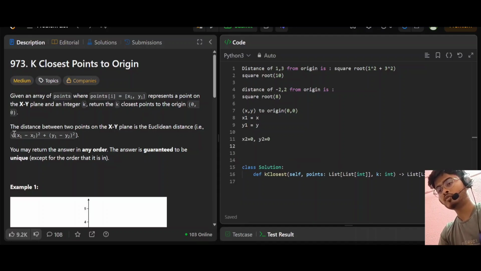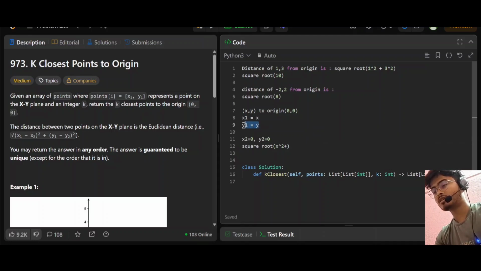So we will put these in the formula. It will be square root of x1 minus x2, which is x minus 0, right? x minus 0 is x, and x square. Plus y1 minus y2, so y1 is y and y2 is 0. So y minus 0 is y, so y square. So this will be our formula, and it's the same thing I have written here.